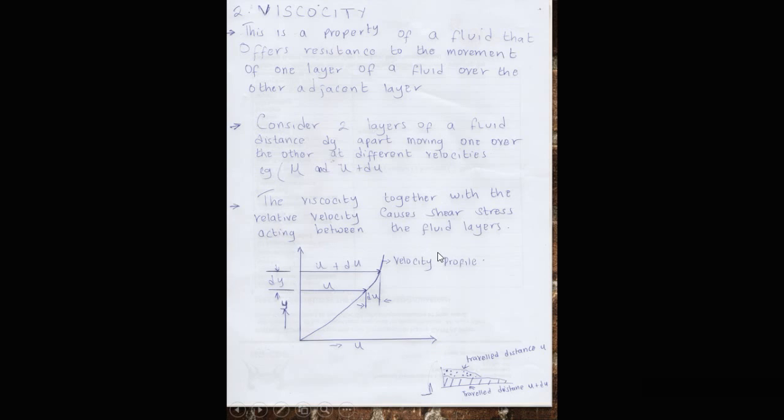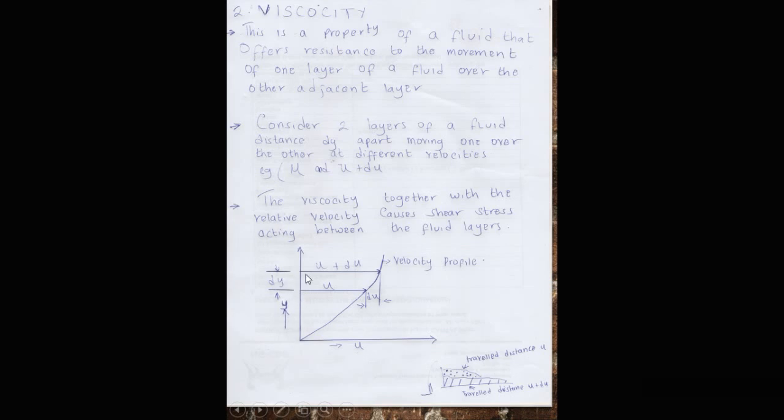So the viscosity together with the relative velocity causes shear stress acting between the two fluid layers. So in between here is shear stress. We can also describe that in a graphical representation. We have the y-axis and the x-axis that is represented by u.